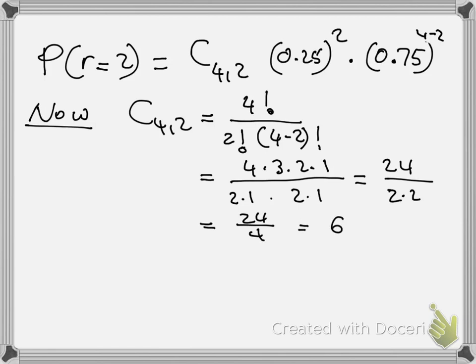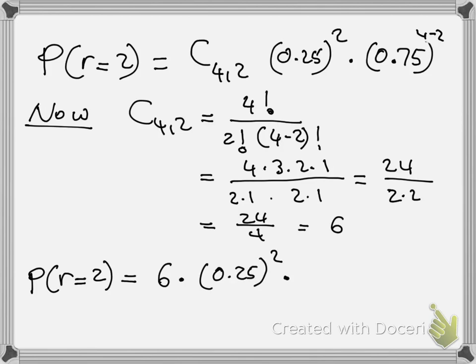So 4 choose 2 is equal to 6. So now I can answer the question. P of R equal to 2 will be 6 times 0.25 squared times 0.75 squared.